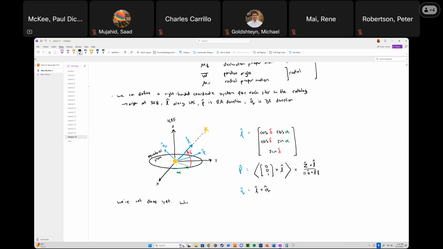What direction is the star? Well, it's moving. And there are perturbing effects.